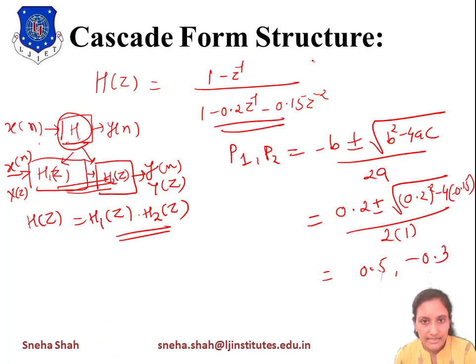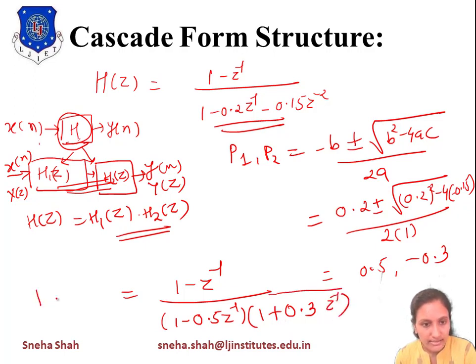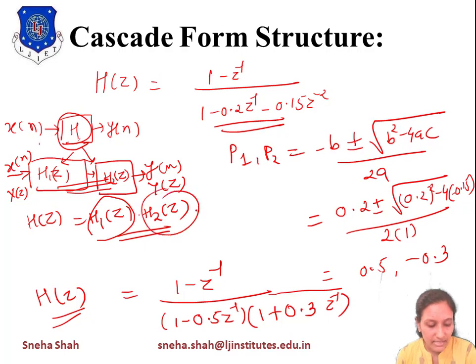The numerator part stays as it is, and the denominator part is divided into 1 minus pole 1, meaning 1 minus 0.5 z inverse, and the second part is 1 plus 0.3 z inverse, because the root is minus 0.3. So this is the final value of H of z. This H of z is divided into two parts, H1 of z and H2 of z.